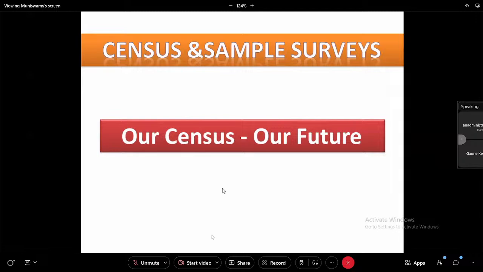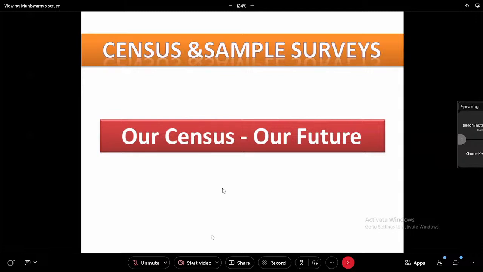Okay, so we always say, since my childhood, India is a developing country. Developing in the sense that we are comparing our conditions to the developed countries. How do we compare? So it requires a lot of variables and factors, and the total number of respondents.